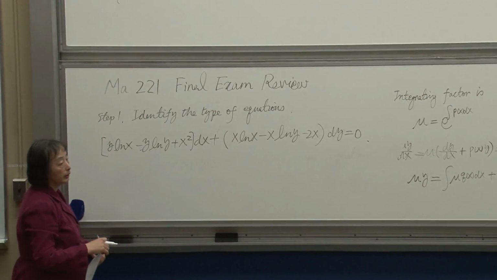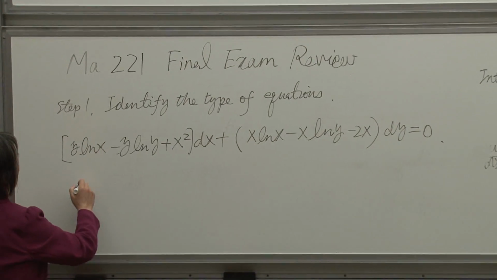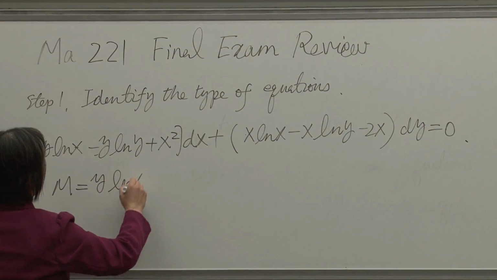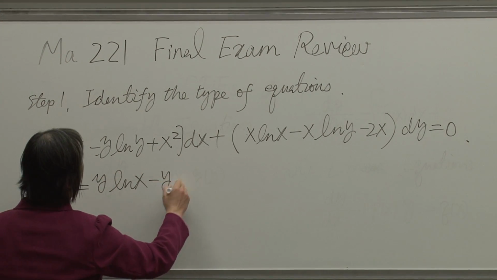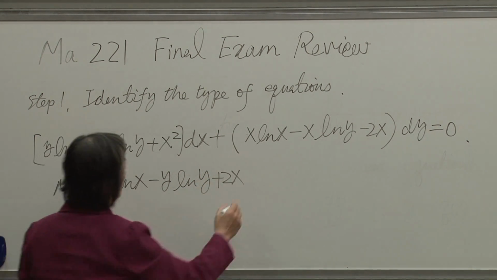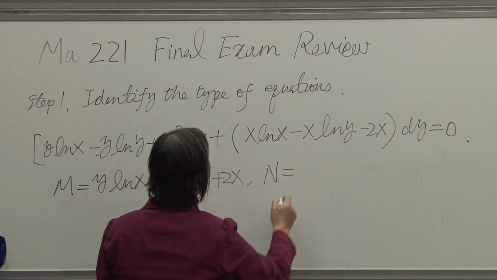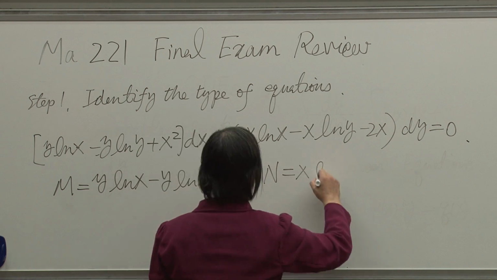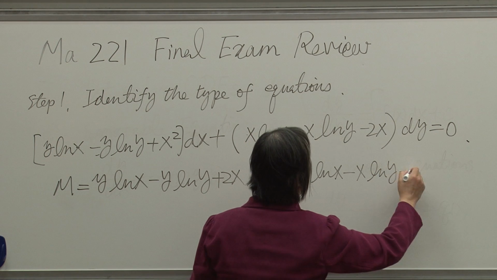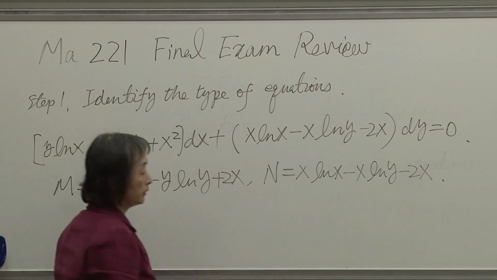So we rewrite the equation in the standard form to recognize m is y log x minus y times log y plus x squared, whereas n equal to x times log x minus x log y minus 2x.